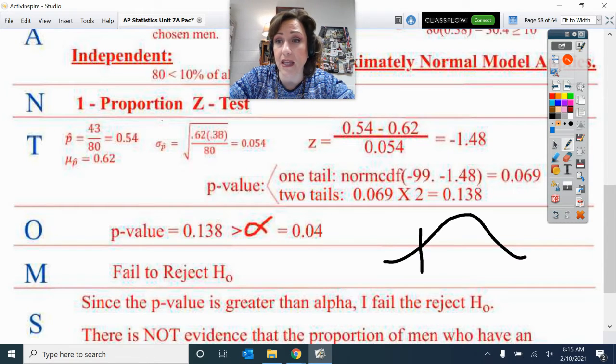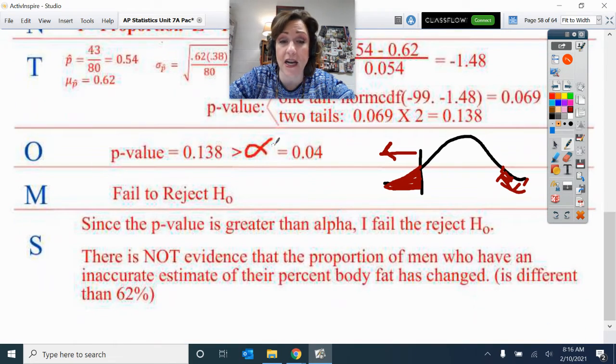I calculate the p-value of this tail by going in the more extreme direction, which is lower, so the one tail of the p-value would be negative infinity to negative 1.48. But the p-value has two tails, so I account for this duplicate area up here and multiply by 2. My total p-value is 0.138.